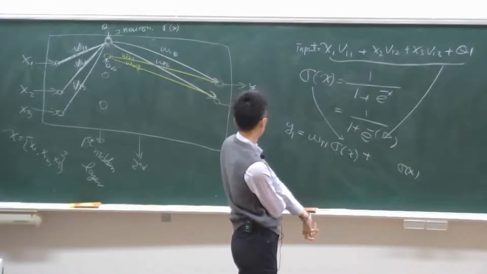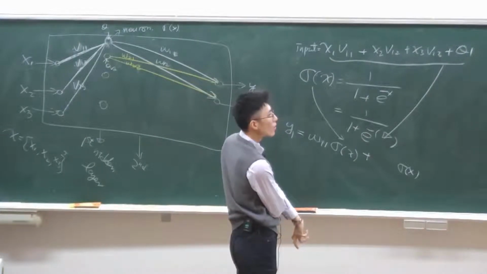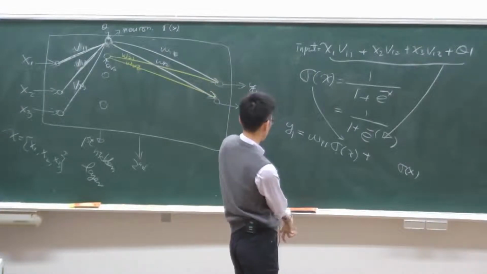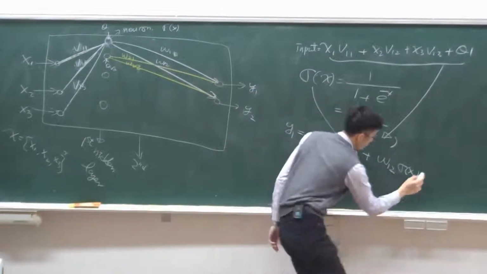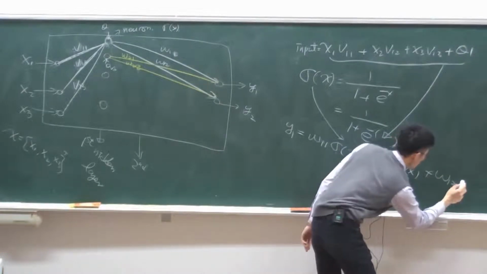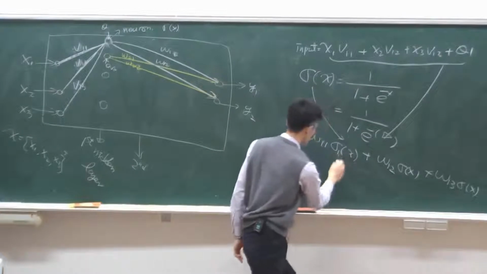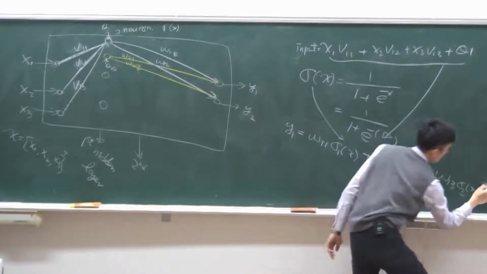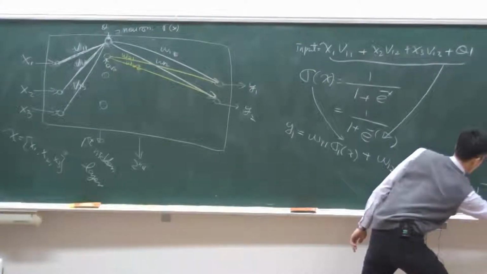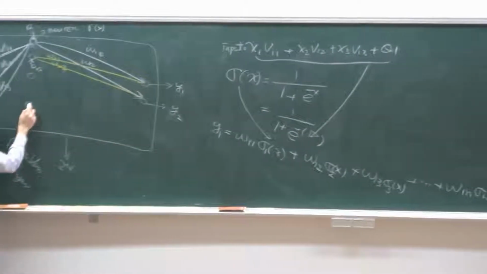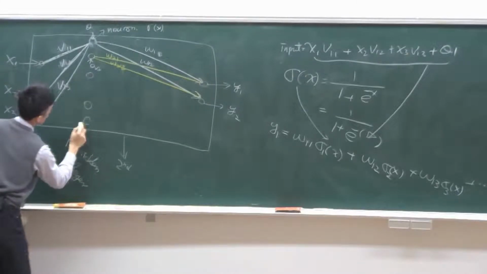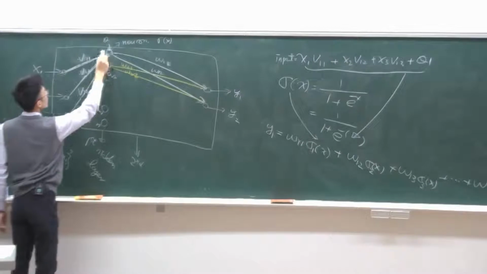First neuron 应该要 1, 2, Wij, W1 layers I J. So this is W1 2 plus W1 3 1, 3 1 2 3, W1, and depends on how many neurons you have, n minus 1, n. 这样懂吗?